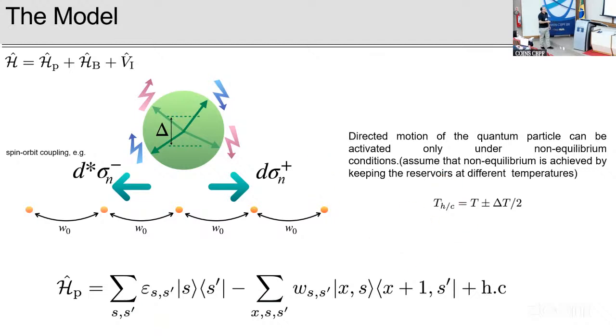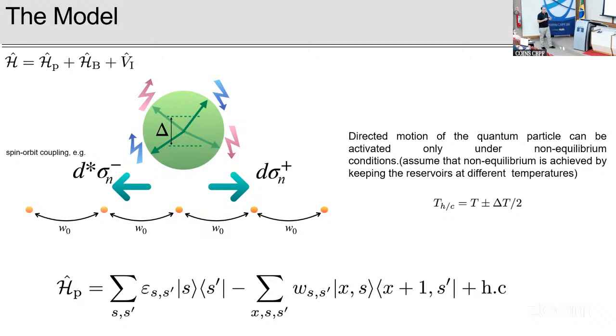For the sake of this discussion, this non-equilibrium is just imagining that you have two reservoirs kept at two different temperatures. Then the idea is totally trivial. By means of this imbalance, the rate of kicks in one direction is unbalanced with the rate of kicks in the opposite direction, and therefore the particle will move one way or another.